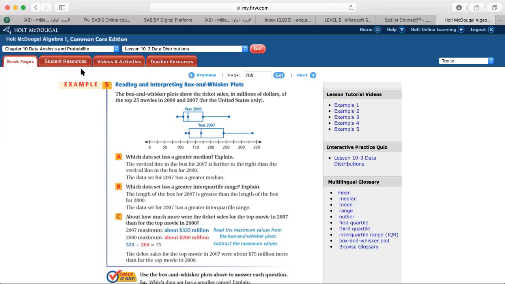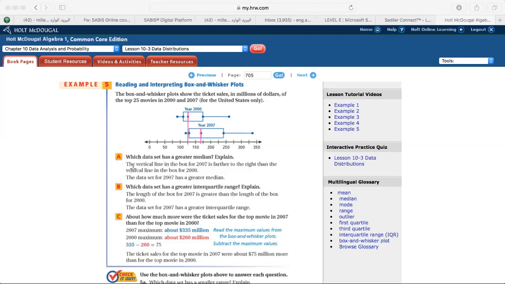Here, for the first year, 2000, the median is 125, and the median of year 2007 is here. It is almost 160, 170. So which is greater? Of course, year 2007.